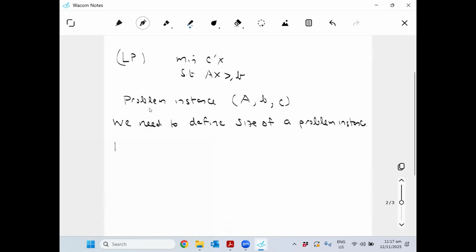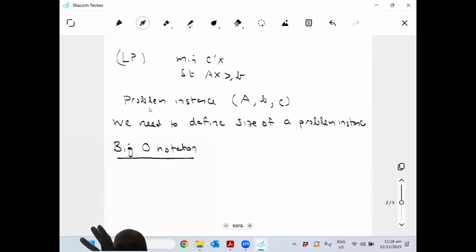So I'm just going to introduce one notation here, which would be sufficient for us, which is the big O notation. Okay. So what's a big O notation? This is a notation coming from asymptotic behavior of functions.